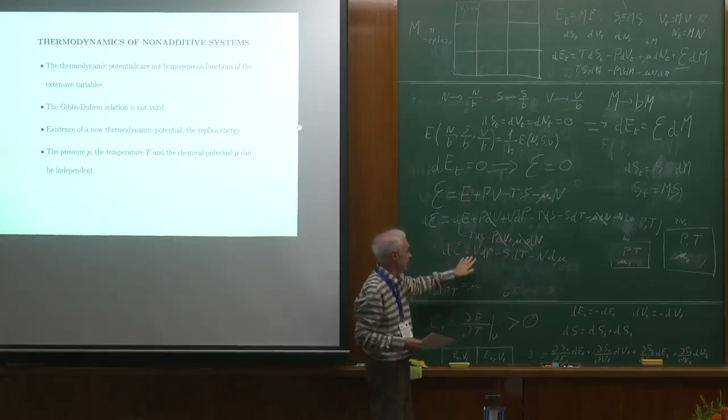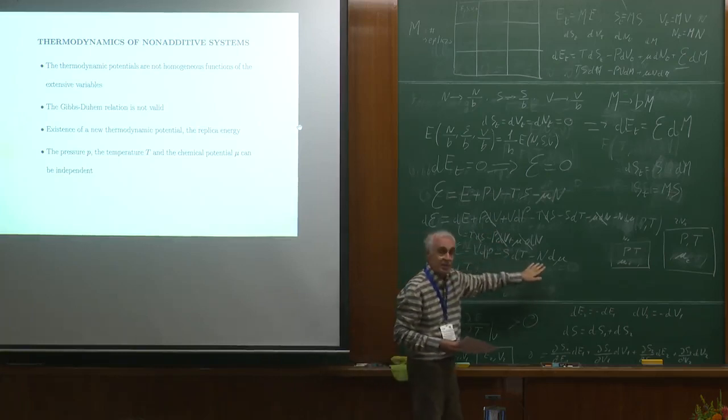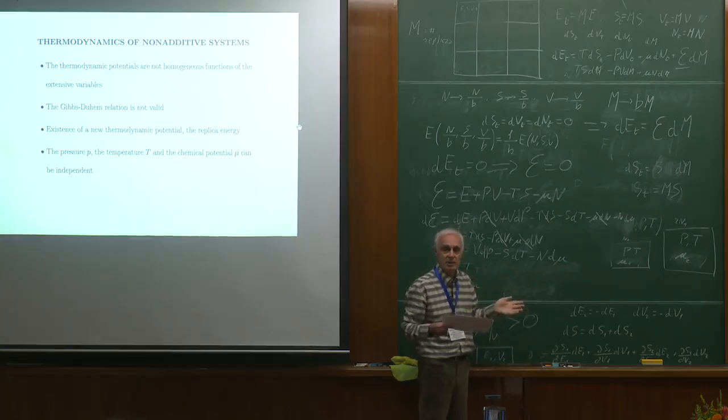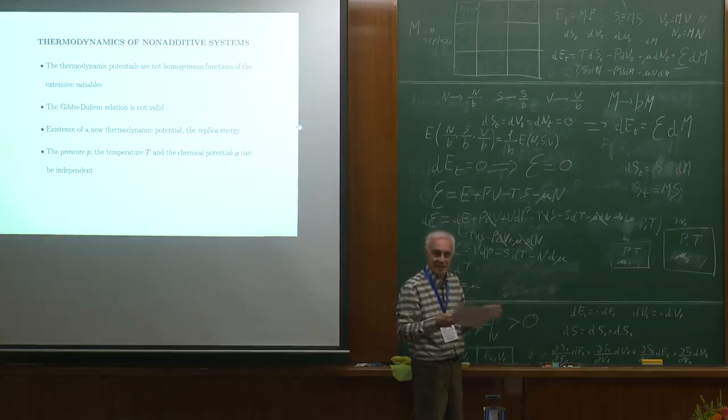And I discovered that this differential form is exactly the differential form that is equal to 0 for the Gibbs-Duhem relation. There is nothing coming from some kind of reasoning in this case. It's just a mathematical fact.